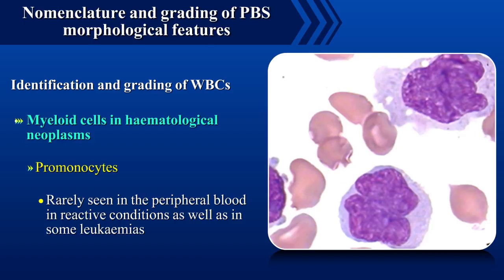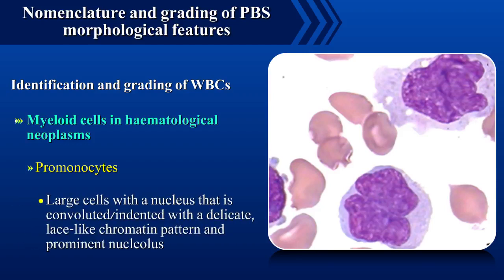Promonocytes may be rarely seen in the peripheral blood in reactive conditions, as well as in some leukemias, and are large cells with a nucleus that is convoluted or indented with a delicate lace-like chromatin pattern and prominent nucleolus.